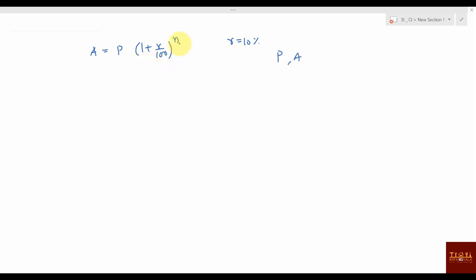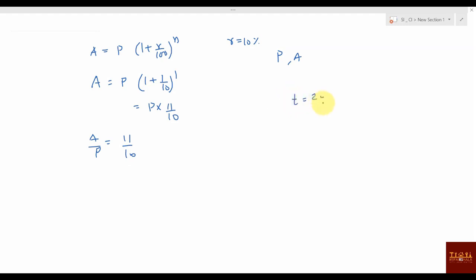Suppose I am asking for 1 year, the amount after 1 year will be A equal to P into (1 plus 1 by 10) raised to power 1, or you can write this value as P into 11 by 10, or A by P value will be 11 by 10. Means what? If P is 10, A is 11. For 1 year, if P is 10, here your A is 11.